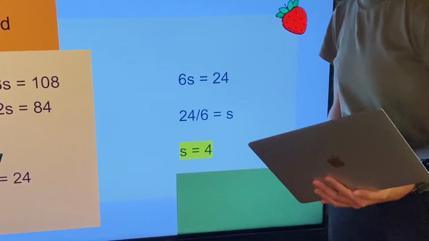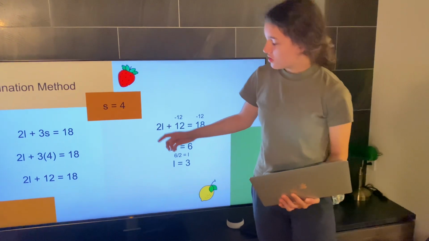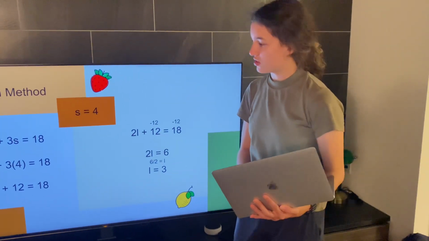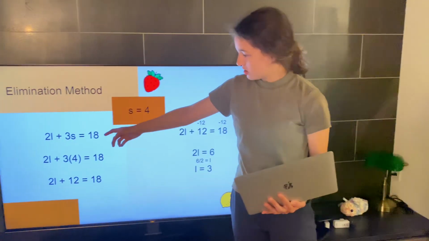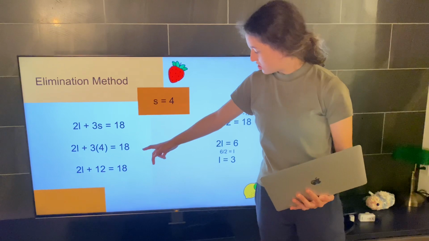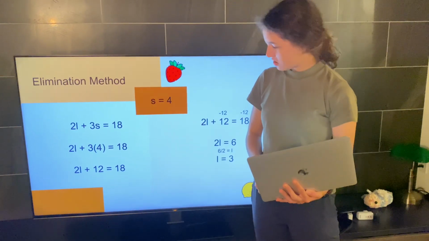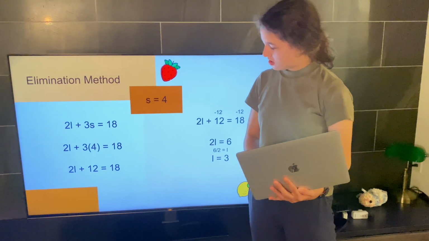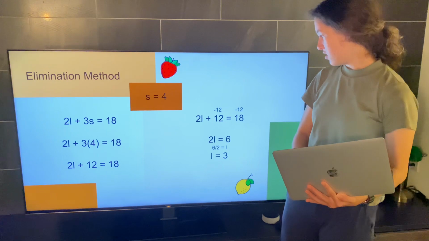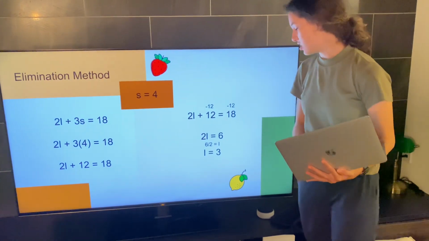So now that we know that S equals 4, we can take any of the equations and solve for L. So just substitute 4 instead of S, and the result would be 2L plus 12 equals 18.